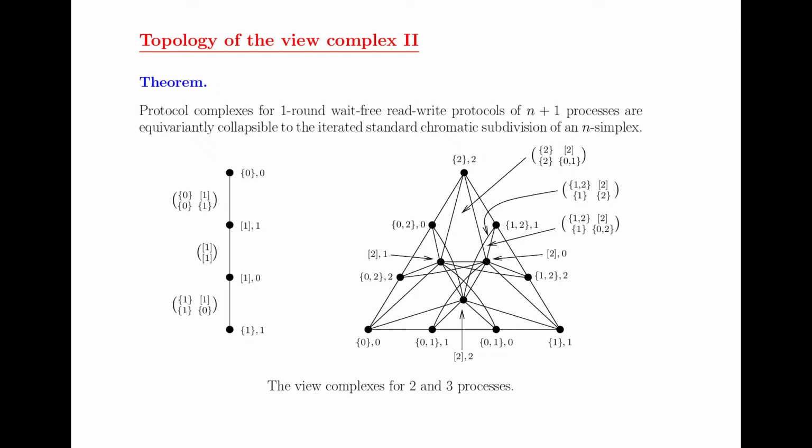But you will quickly end up with a family of complicated things. Still, people work with that. So this is a theorem which I proved, which is only for 1 round, for n processes; for 2 rounds we don't know.